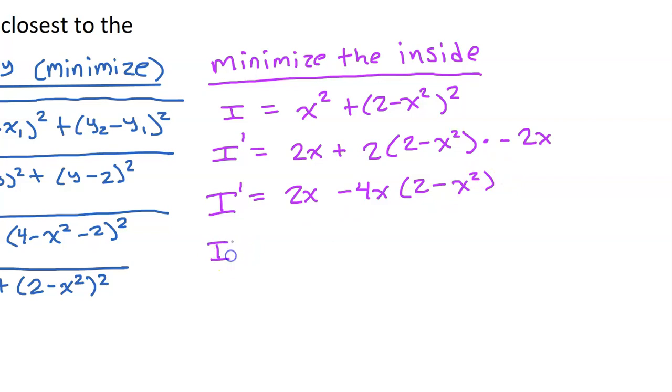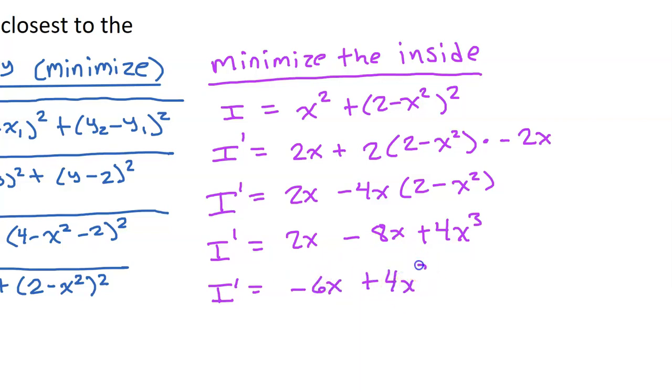So I will have I prime equals 2x minus 8x plus 4x cubed. Now I can combine these like terms. So 2x minus 8x is negative 6x. So I have negative 6x plus 4x cubed.